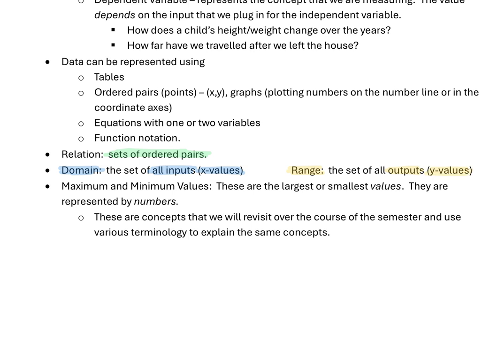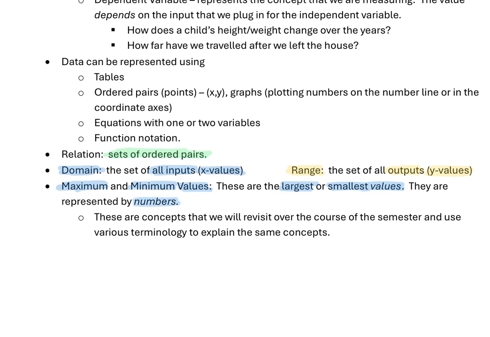Other concepts that we are going to look at over the course of this semester: we are going to be playing around with domain and range a lot, but we're also going to be talking about maximums and minimums. These are the largest or smallest values. Now, when we say values, we do want to be careful because values are represented by numbers.